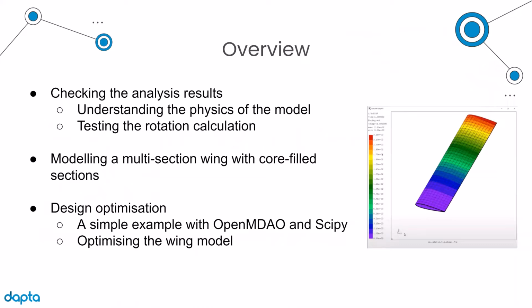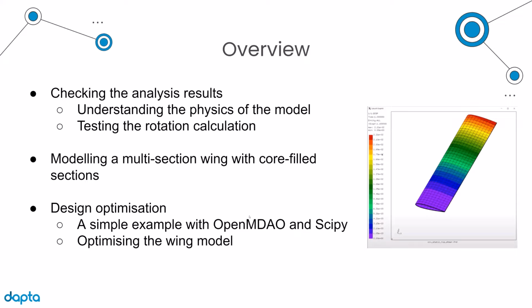So the updates in this version relate to three different topics, really. In the first update, we've got some results checking and some model updates to ensure that we calculate the right data. We're also then modeling a wing with multiple sections, and we can include some core in this model as well.